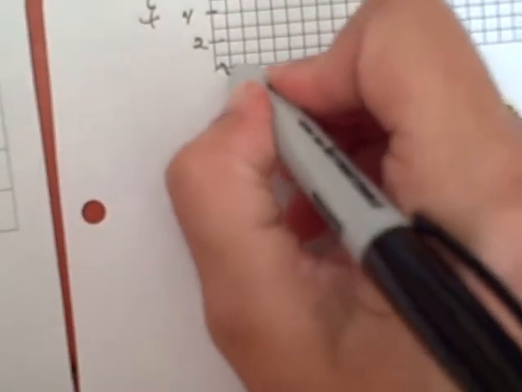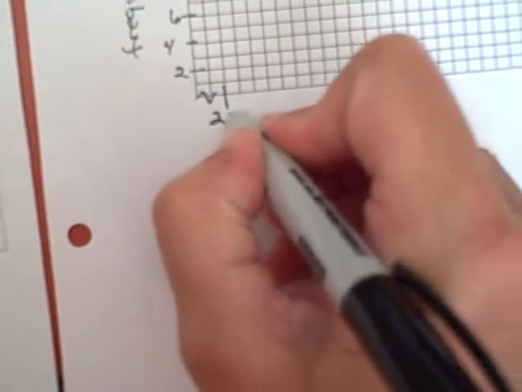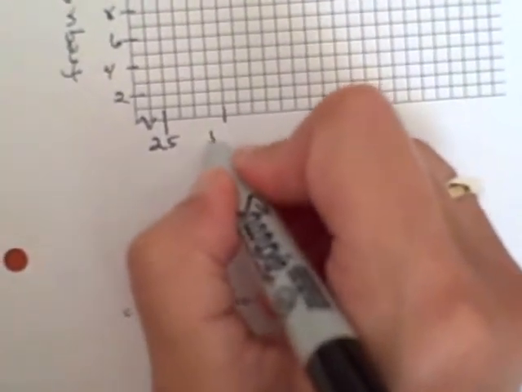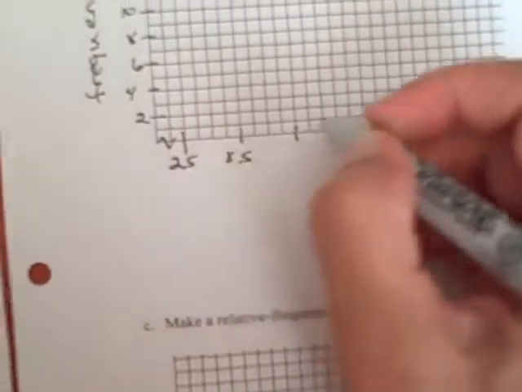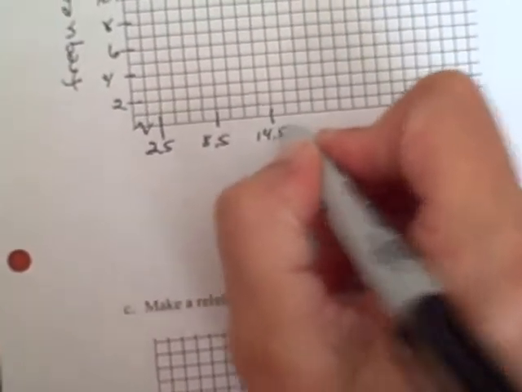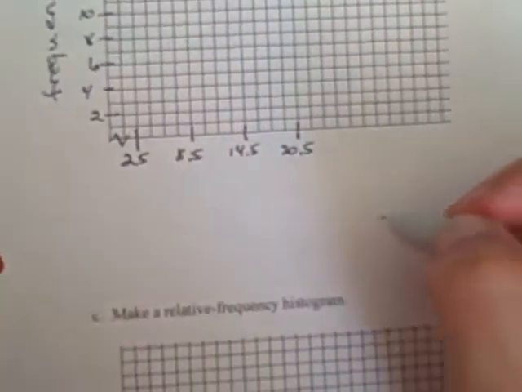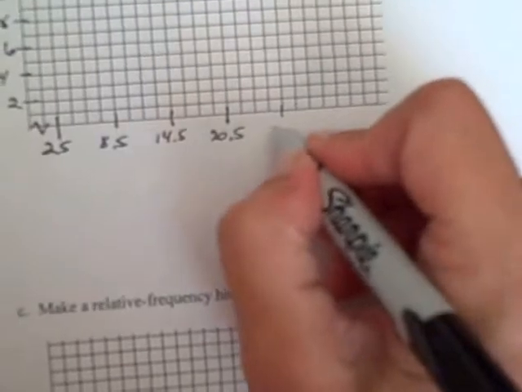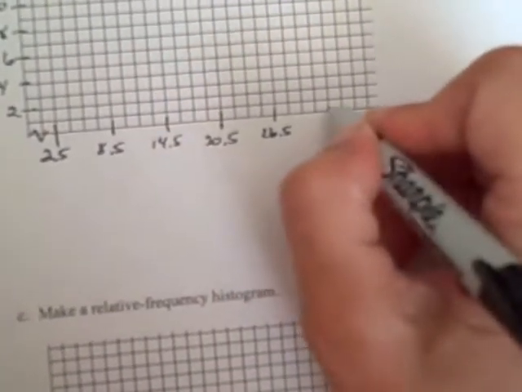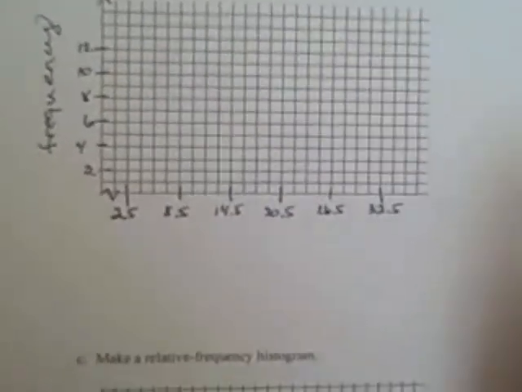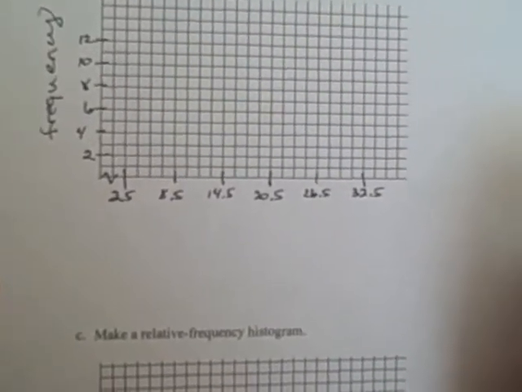I'm going to start at 2.5, then 8.5, then 14.5, 20.5, 26.5, and 32.5. Even though these are our class boundaries, that's not what these numbers actually represent. These numbers represent our data values.